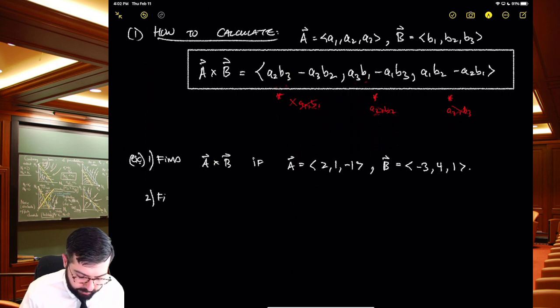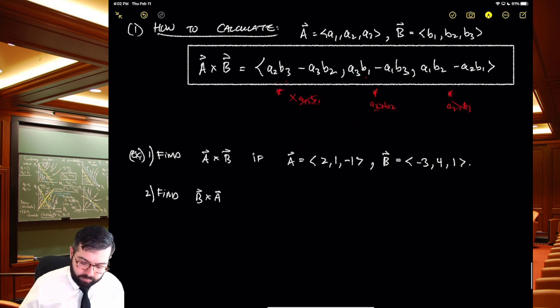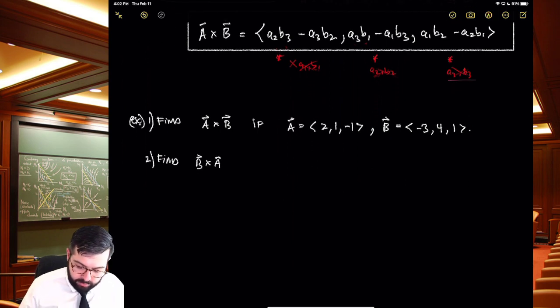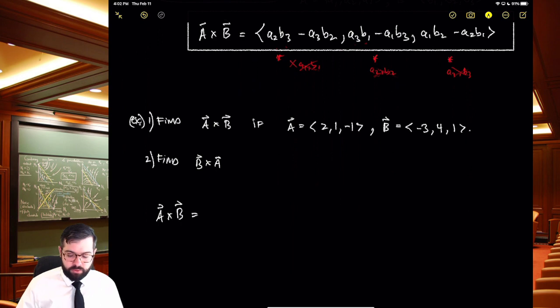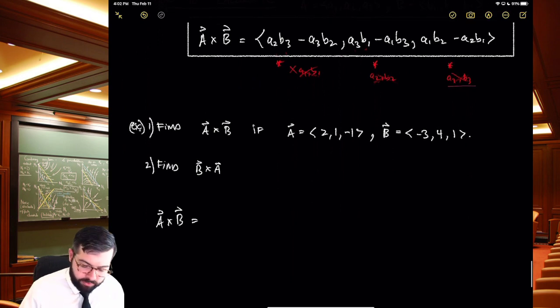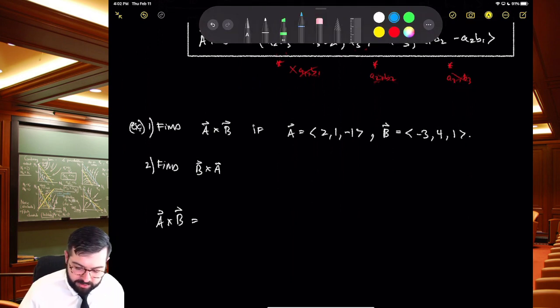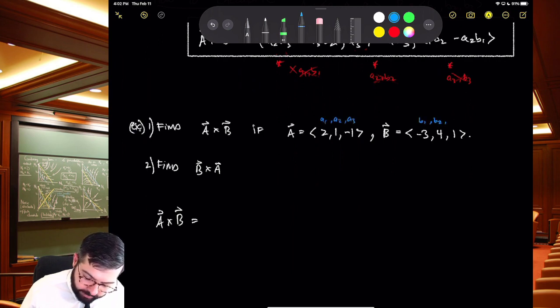And then we'll find B cross A. So try using the formula yourself. I'll let you get set up, and then I'll jump in and work it out. Just get used to this.